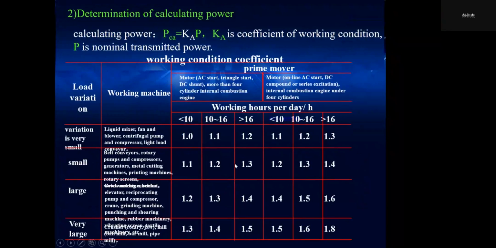And then we can determine the calculating power PCA. We know that it can be calculated by Ka times P. Ka is the coefficient of working condition, and P is the nominal transmitted power. And from this table, we can find the value of Ka.